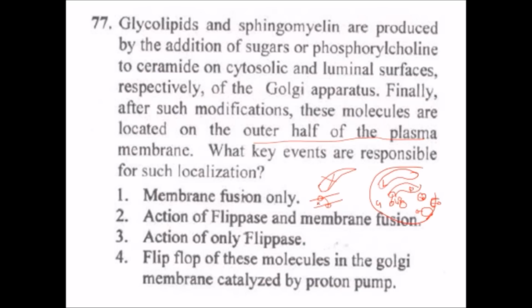With the help of flippage activity, it flips from the cytosolic side toward the luminal side. So there will be two actions: one will be the action of the flippage, and the other will be the membrane fusion, because of which the protein will be expressed on the outer membrane of the plasma membrane. So the answer will be number 2.